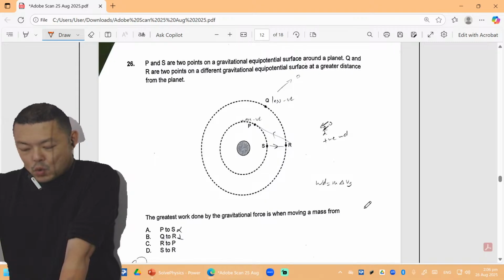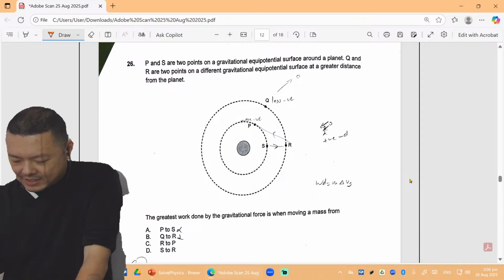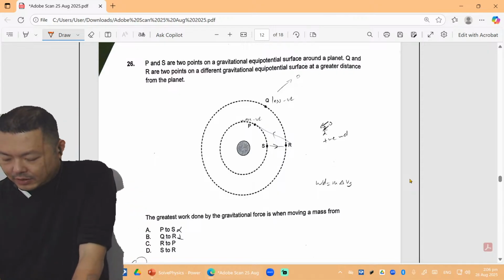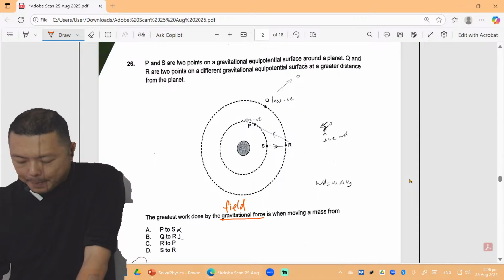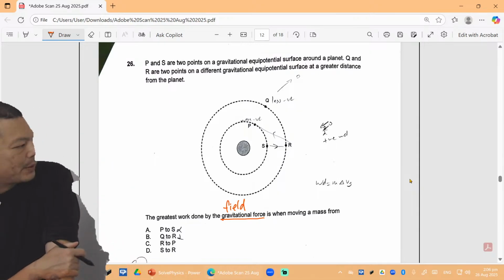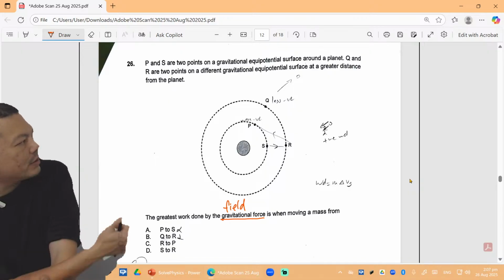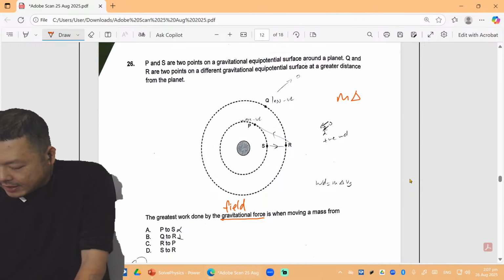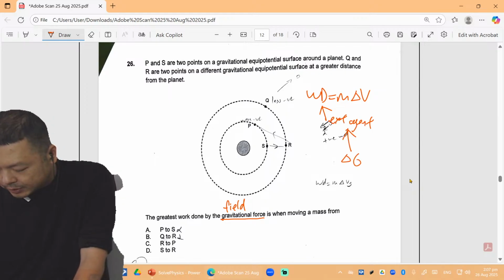This question is a bit tricky. Greatest work done by the gravitational force, so this is the greatest work done by the field, right? If you remember the painful lessons we went through in D1 and D2 at the start of the year, that's what I was trying to emphasize. The m delta V is work done by an external agent, and it is also the change in GPE.